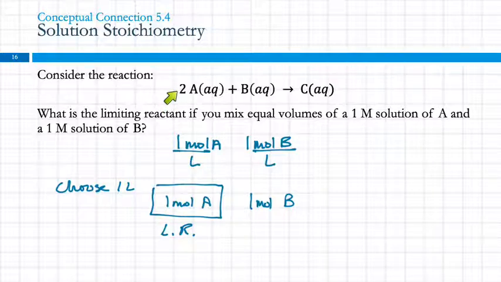I look at this equation, I need 2 moles of A to react with 1 mole of B. Here I have 1 mole of B. I only have 1 mole of A. In order for this to completely react, I need 2 moles of A. See? And so that means I can use all this up, but then there's going to be some of this left over. This is the limiting reactant.